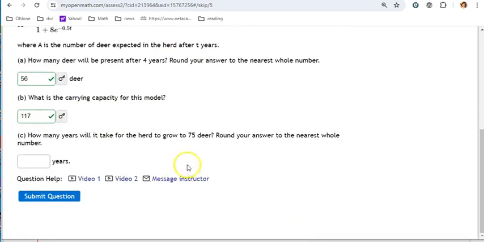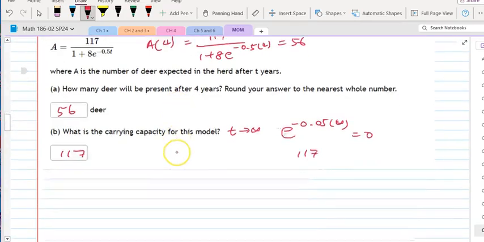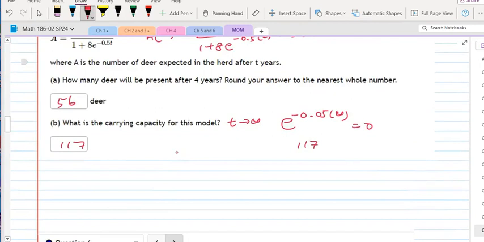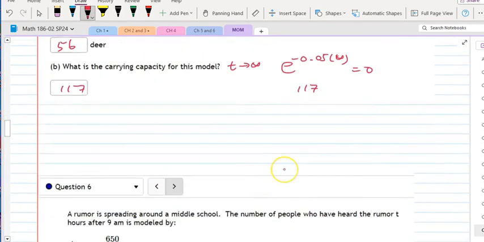How many years would it take for it to grow to 75? So we would use this equation and put 75 on A. So for part C, we would say y equals 75, right? Not 0.